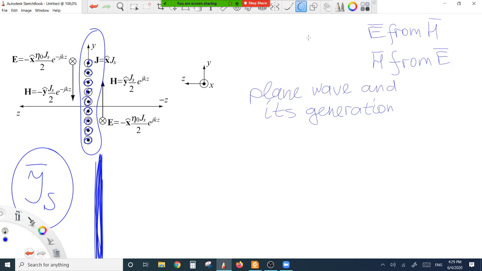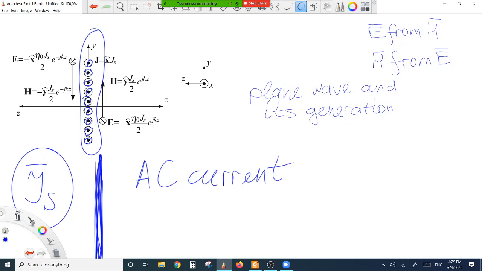Okay, if the current is an AC current, then a wave is generated, which propagates away from the sheet of current.